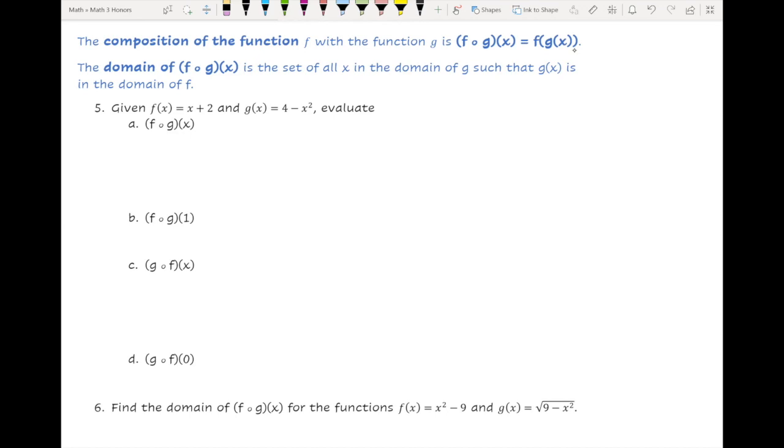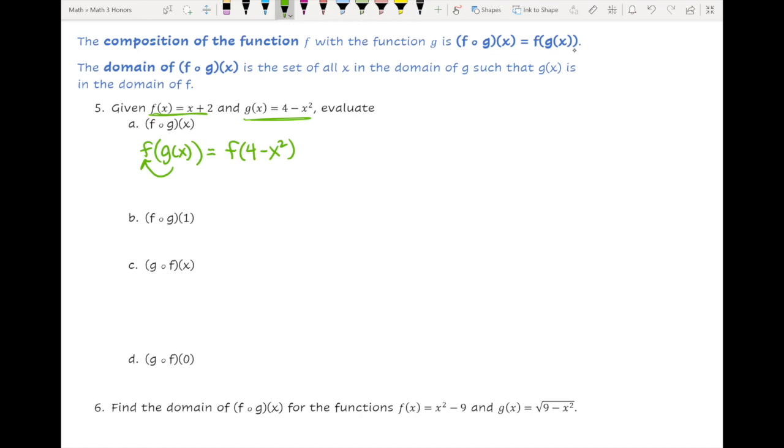They gave us two separate functions, the f of x and the g of x function. Part A wants us to evaluate f of g of x, which is another way to say f of, in parentheses, the g of x. This means I have to substitute the g of x function into the f function. So this will give me f of my entire g function, which is 4 minus x squared.